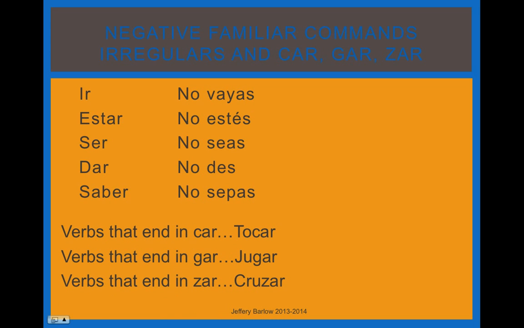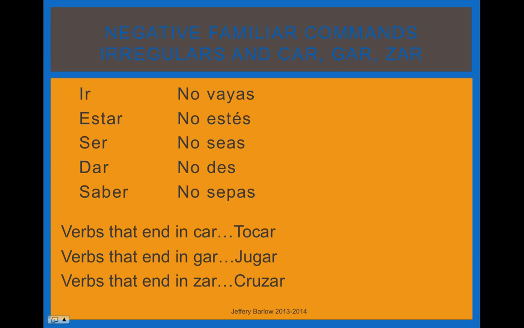Since we're adding the opposite tú form to these AR verbs, the ending ES changes the sound of the C, changes the sound of the G, and we have a problem when we have the combination of a ZE.